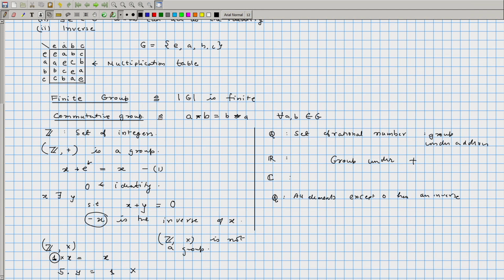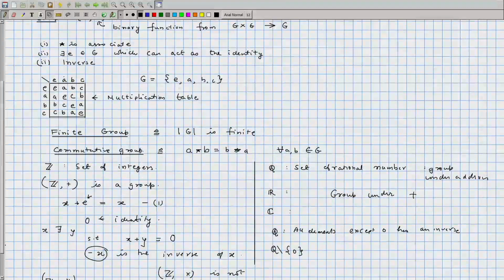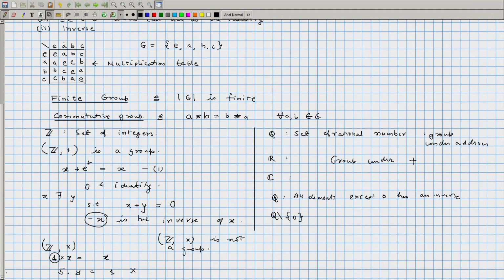So this is almost a group, but not quite there because of 0. So if you take Q and remove this element 0 from it, whatever you get is going to be a group under multiplication. But if you look at the same set, this is not going to be a group under addition.